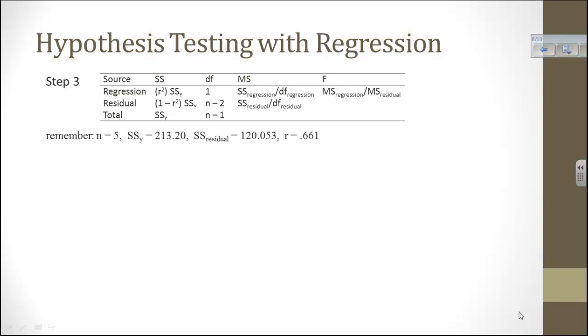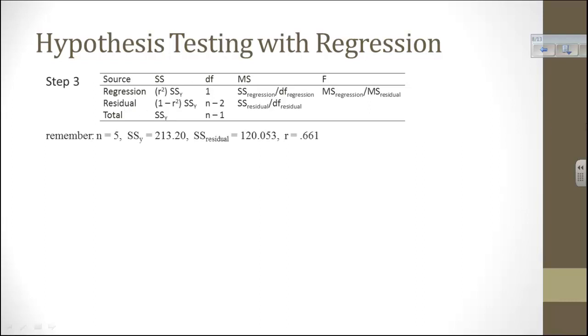Okay, so I'm going to do step 3 first because, much like when we did analysis of variance, we're going to be calculating an F statistic, and we're going to need to use the F table that we used for ANOVA to find our critical value in step 2. And to find our critical value, we need to know our degrees of freedom numerator, which now is degrees of freedom regression, and our degrees of freedom denominator, which is now going to be referred to as degrees of freedom residual. So I'm doing step 3 first.